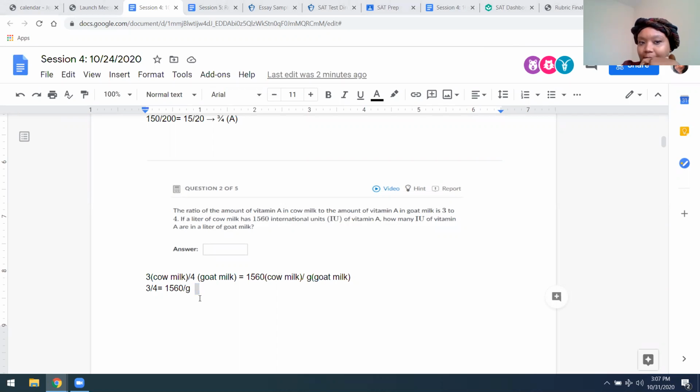ML, okay, what do you multiply? Okay, but what do you cross multiply? That sounds good so far. If it's easier for you, you can unmute yourself.